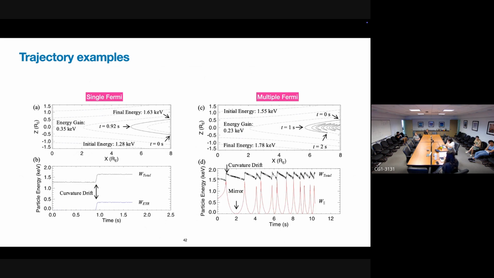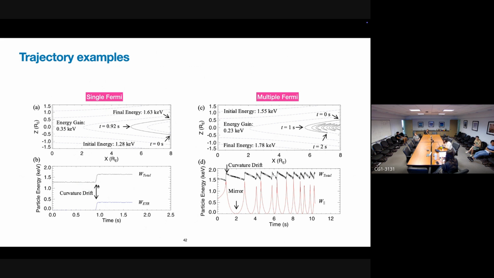And we can trace all the particles to see how individual particles move in the test particle simulation. And here is a very simple, single Fermi event. The particle enters here, not quite at the center, and then becomes reflected. We can also follow the energy gain in this process, and we find it's not very much.